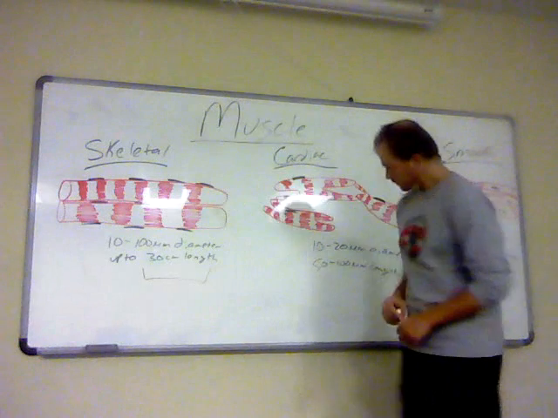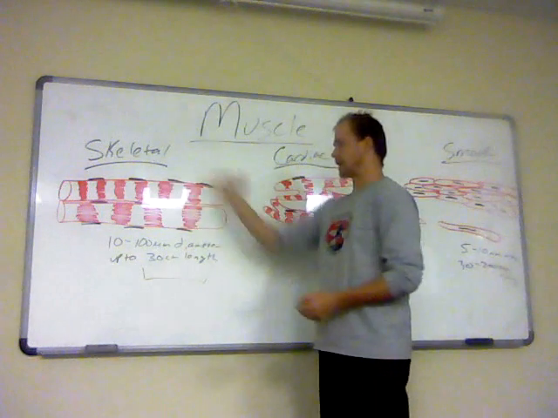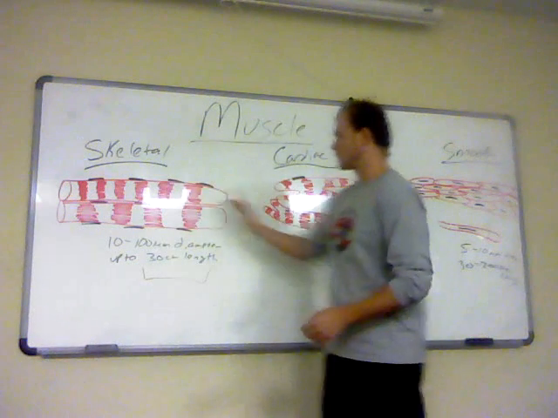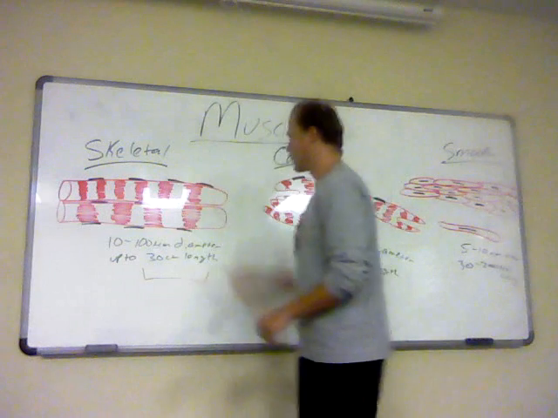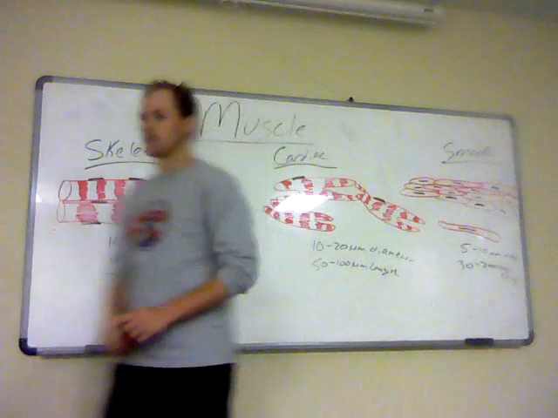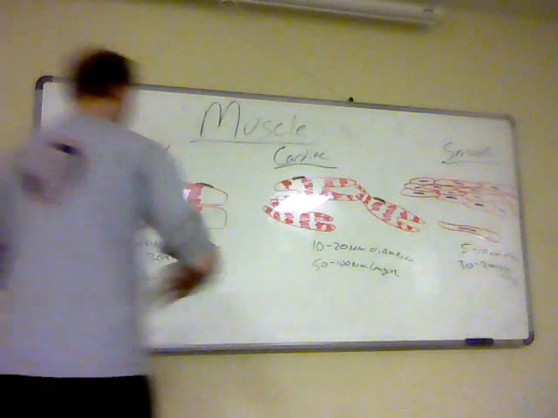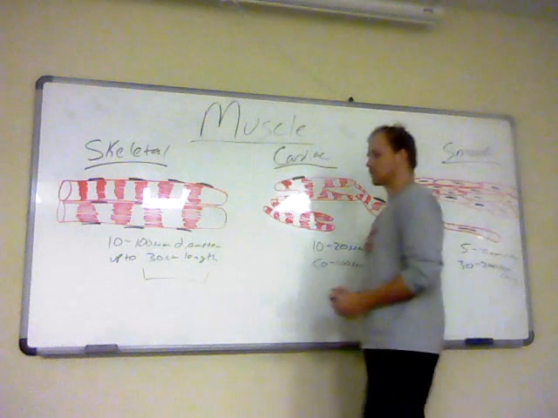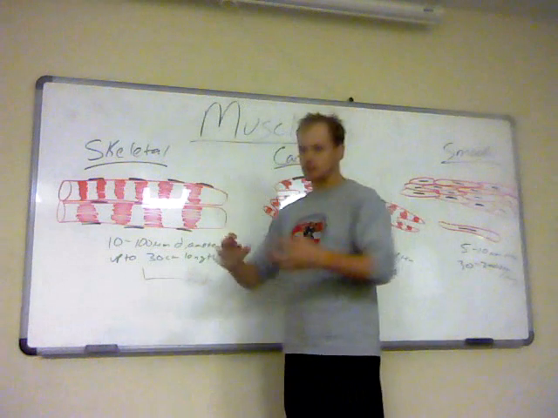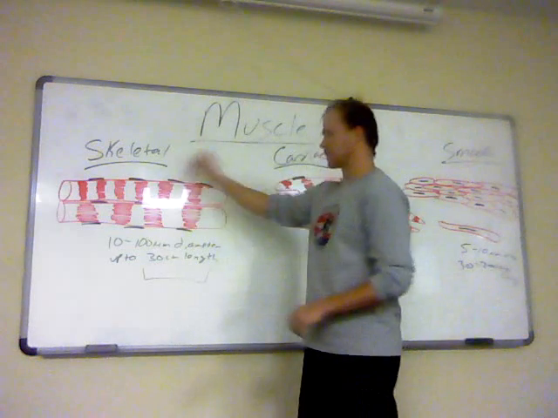Now, another thing you'll notice, I use these little black line circles to represent the nucleus, or I should say the nuclei, of skeletal muscle. Remember that skeletal muscle cells are multinucleated, and that's just because of embryonic development. When we develop skeletal muscles, they develop from what are called satellite cells that fuse together to form these long cells, so these are just remnants of embryonic cells.